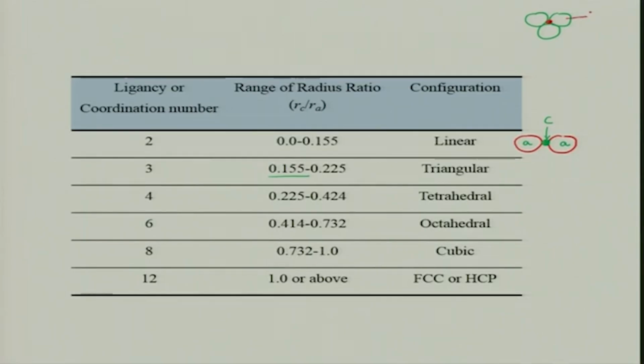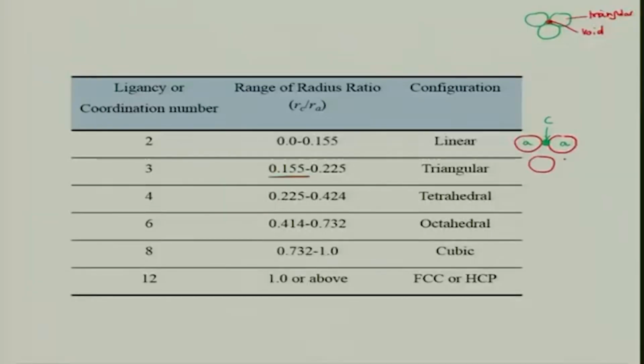So, this is a triangular configuration and this is the void. By geometry you can calculate this size, and it turns out to be 0.155. So, any atom which goes to a triangular site in a ceramic structure should be bigger than 0.155.